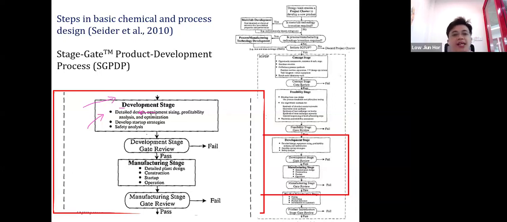If the development stage here is done and approved, then only we can proceed to the manufacturing stage. Manufacturing stage means we will start to construct the chemical plant. Once the chemical plant is done, similarly, we need to run the chemical plant to make sure it can actually be safely operated as per our planning and expectation, and also that the quality of the product produced meets our requirement before we officially use the chemical plant to produce our product.